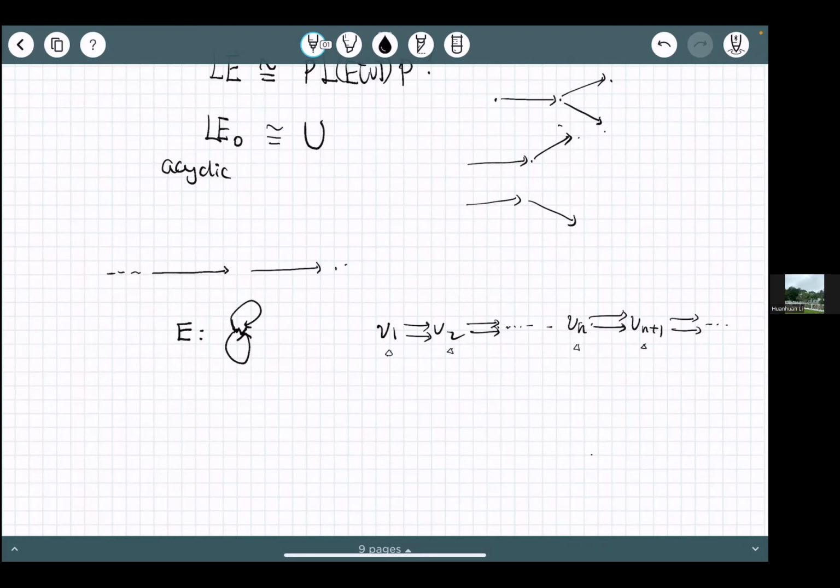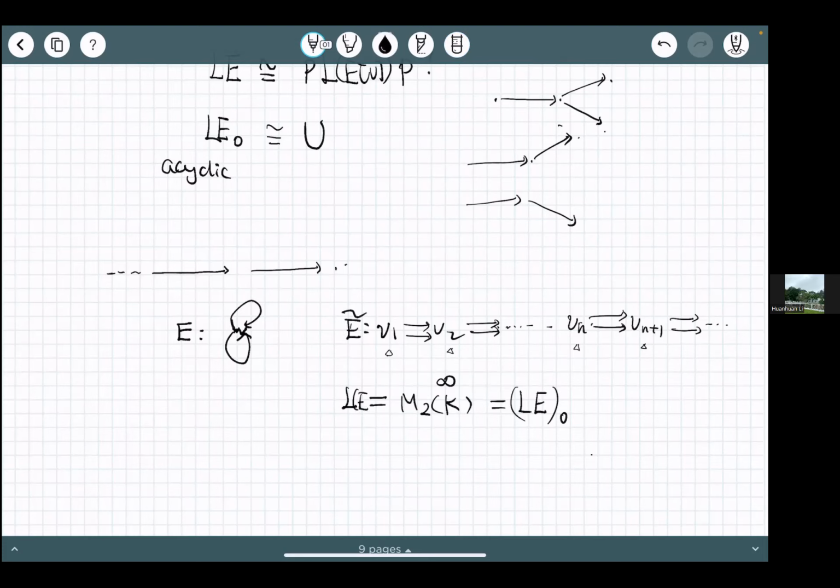So the Leavitt path algebra of this new graph is M_{2^∞}. Yeah, no, 2 to the infinity, infinity is a power of 2. I see. So that's the 0-degree part of the Leavitt path algebra of that E that you wrote. I see. Okay.